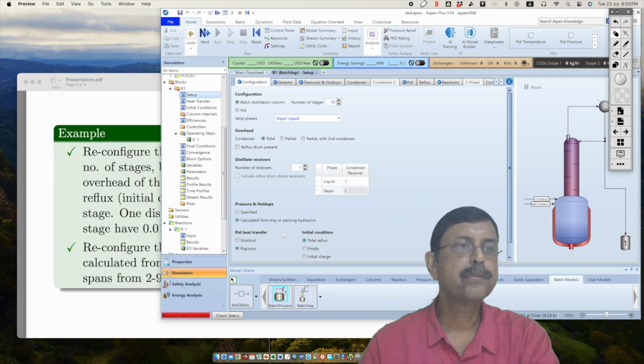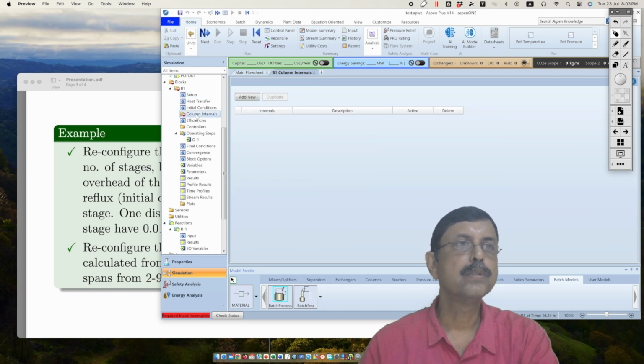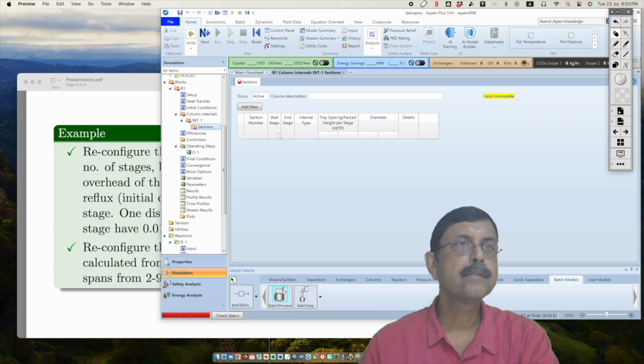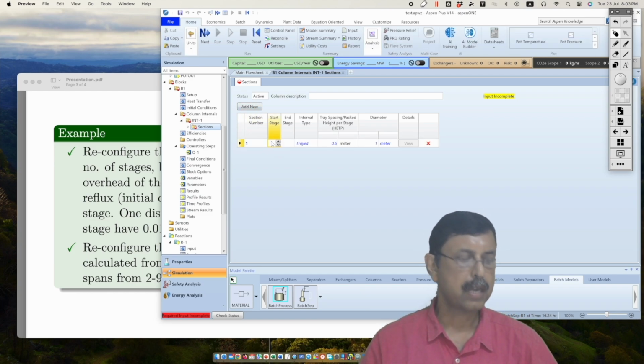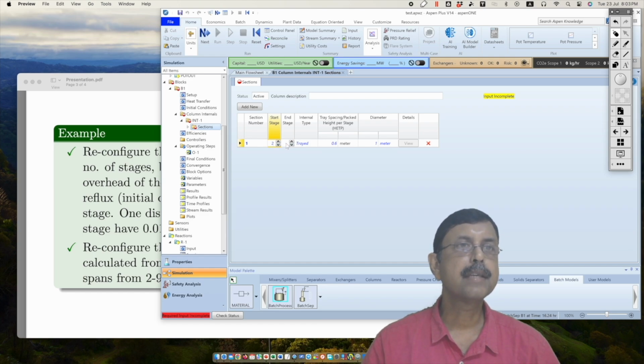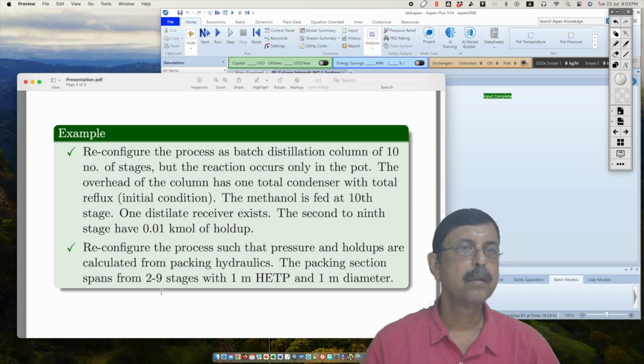and once we choose this, we have to go to the column internals, add new sections, add new section, start from second stage to ninth stage, use a packed internal column, and here we have packing section with 1 meter HETP and 1 meter diameter.